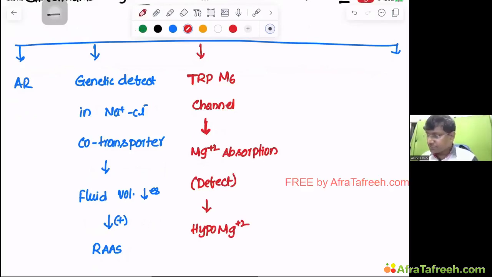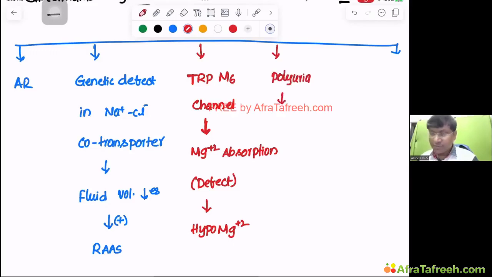Now, these patients, in the intrauterine life itself, will be having polyuria. And once there is polyuria in the intrauterine life, what will happen to the amniotic fluid? Increases, right? So the mother will have polyhydramnios.